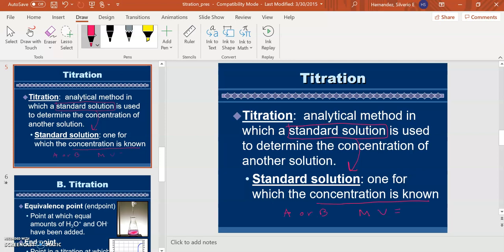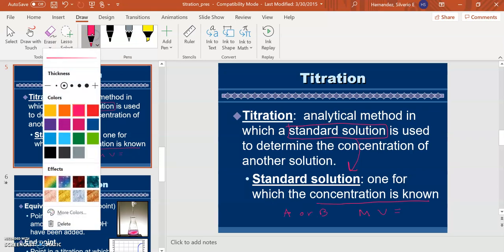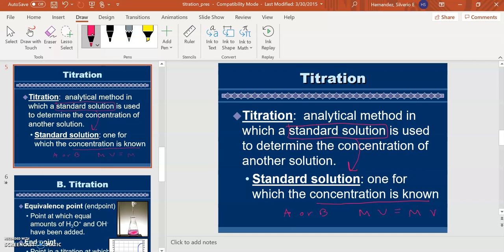And we're going to compare that to an unknown. Sometimes it might be the molar concentration that we're looking for, and we'll know the volume of the unknown. And it might be reversed. We may know the molar concentration of the unknown, and we're looking for the volume. Sorry, I should have put a question mark there. We might be looking for the volume there.